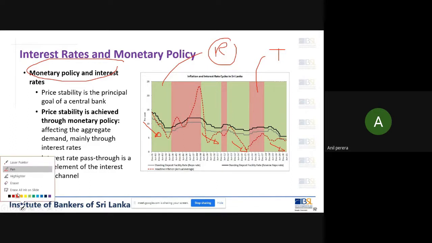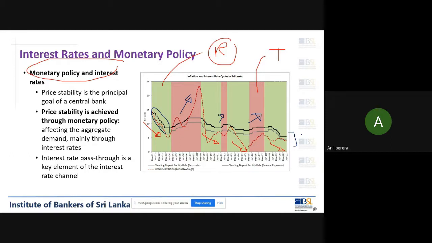In red areas, what you can see is that interest rates are going up, tightening. How do you monitor this going up or going down? If you look at this black line and the ash line, those are the policy rates. Remember the policy rate corridor? That corridor is going upwards and downwards depending on the monetary policy cycle. Now, how is this cycle decided?